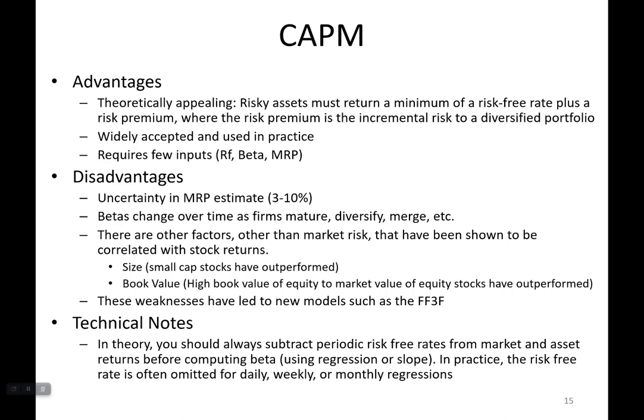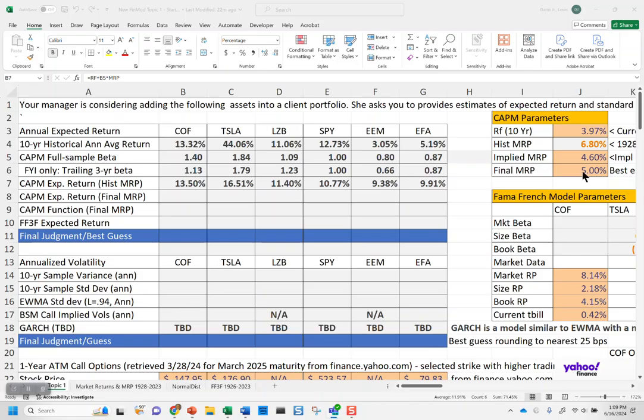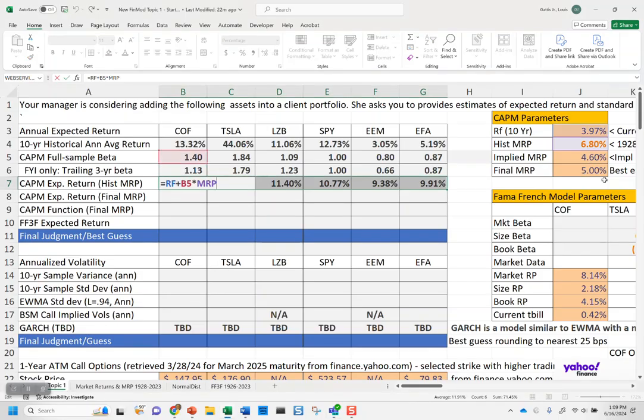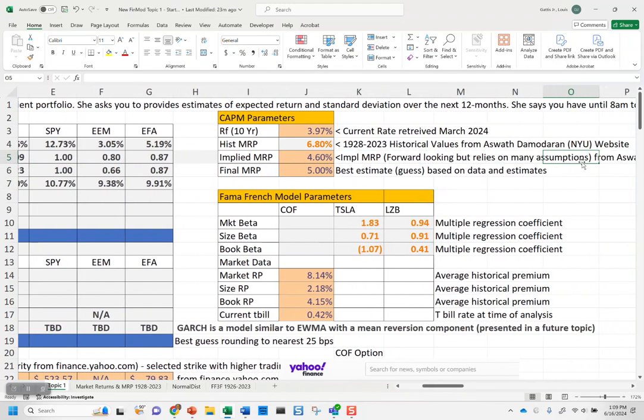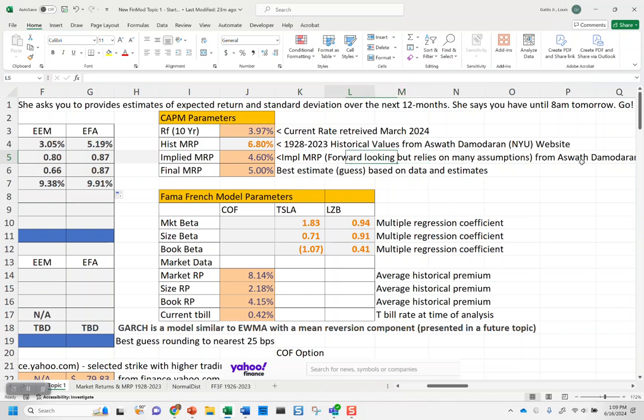I'm going to talk about market risk premiums a little bit more. In the spreadsheet, I also have a number called the implied risk premium. If you Google Aswath Damodaran, and also Google implied market risk premium, what he has on a quarterly basis, he estimates what a forward-looking risk premium is. And how he does it, you can read his methodology.